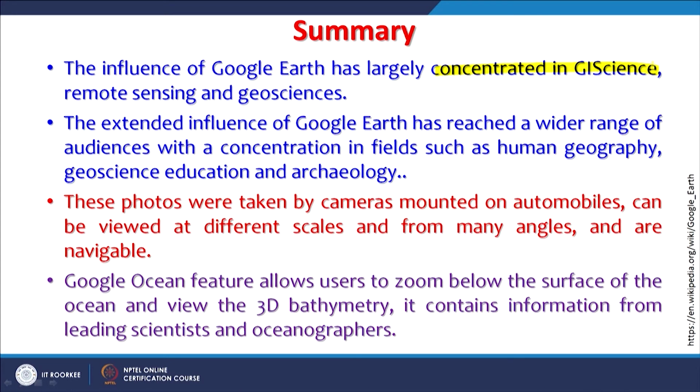So Google Earth is used largely in GIS science, remote sensing, geosciences, civil engineering, archaeology, geography or geoscience education, human geography, and other fields, because it has got a huge resource of information and data available there.